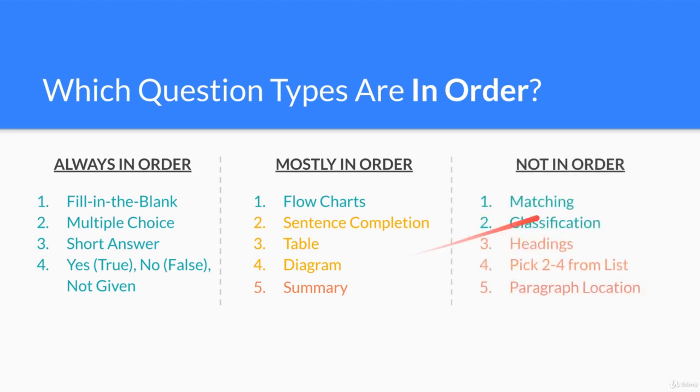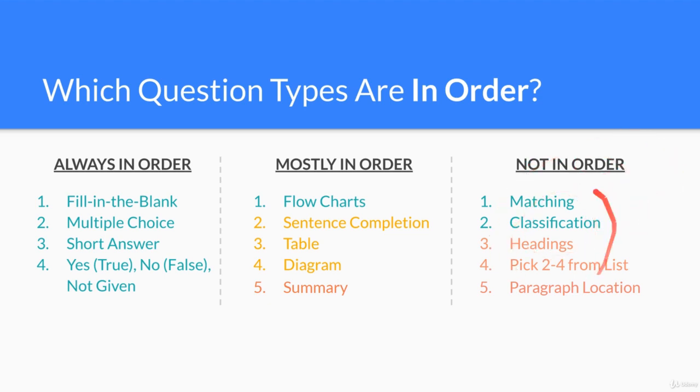And then finally, here are the questions that are not in order. So these are the questions for which the answer to number 5 might come before the answer to number 1. So you're not going to find the answers in the sequence in this case.